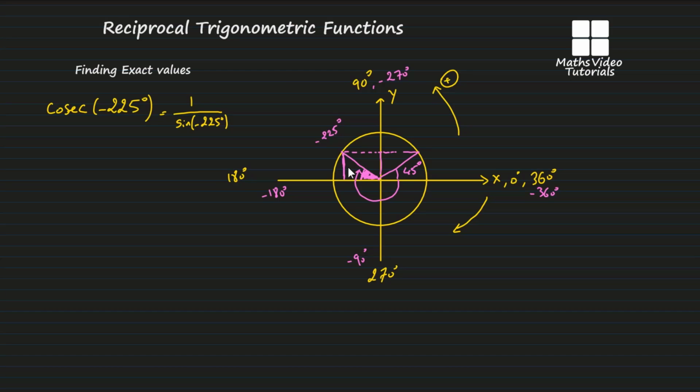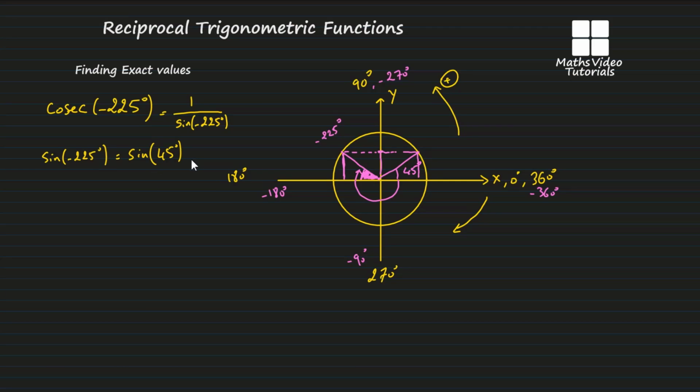So this is 45, and this is also 45. What we're saying is that the sine of negative 225 is exactly the same as sine of 45 degrees, as demonstrated in the diagram, because they have the same opposite height.